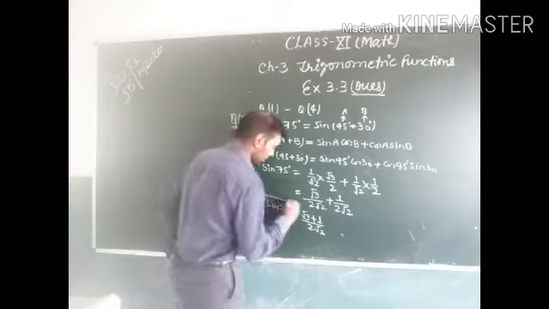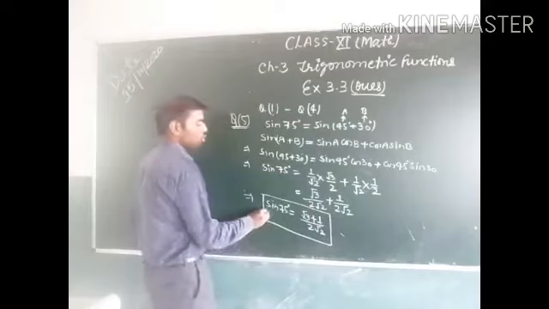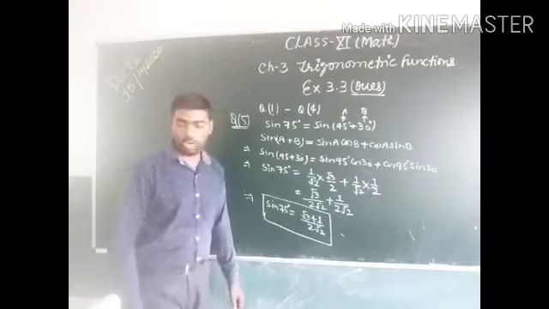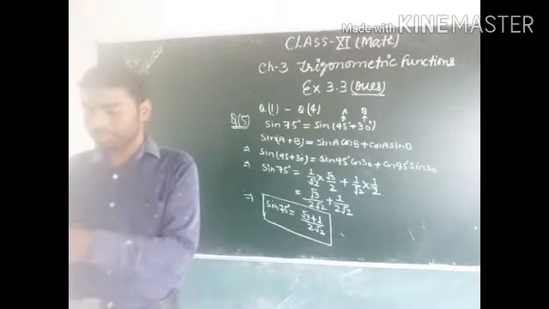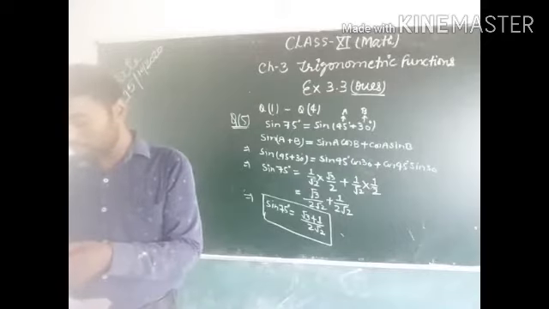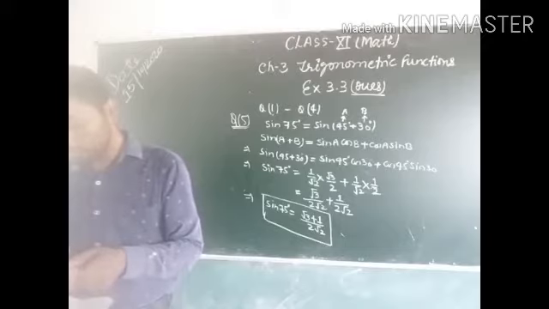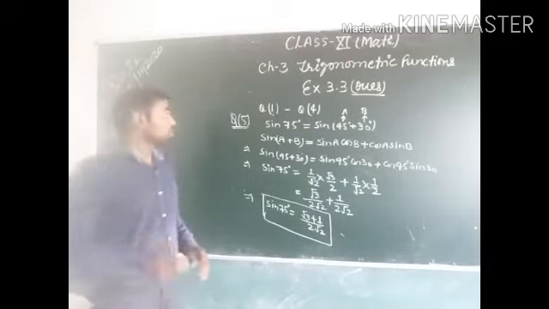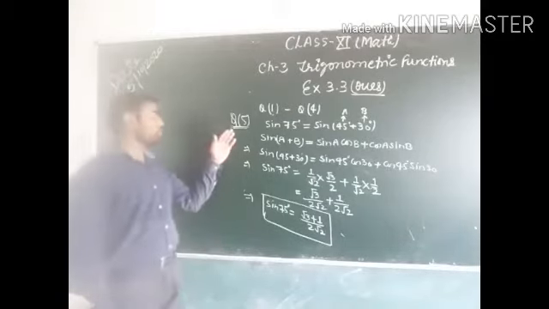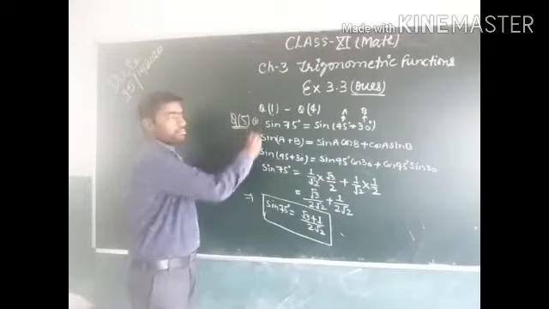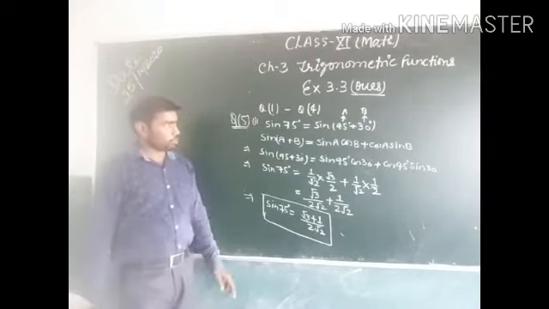So sin 75 is equal to root 3 plus 1 upon 2 root 2. So this is the complete solution of question number 5. This is part 1.